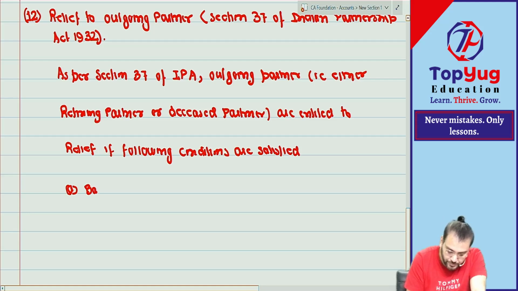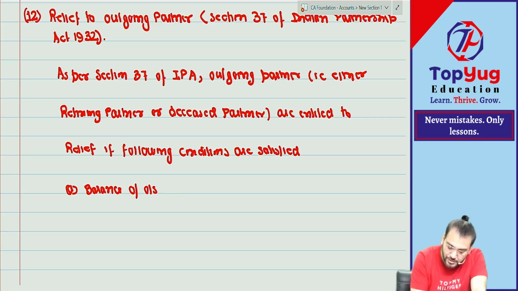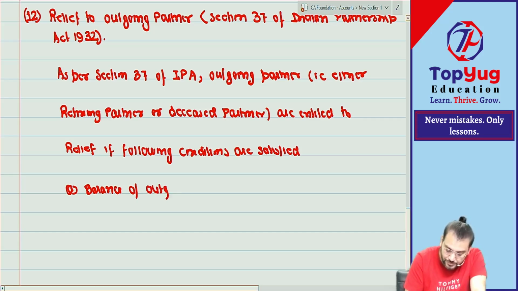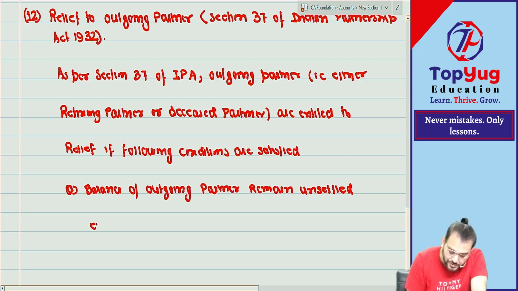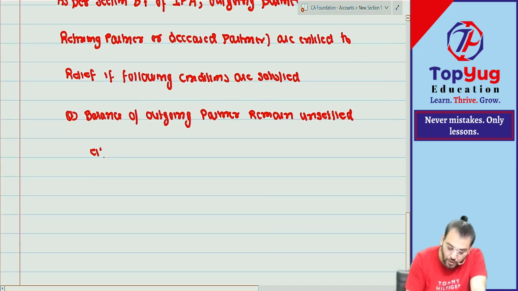Point number A. Balance of outgoing partner, my mistake, remains unsettled, either wholly or partially.